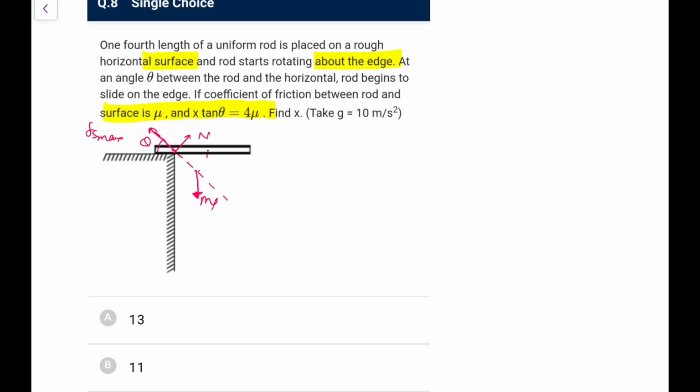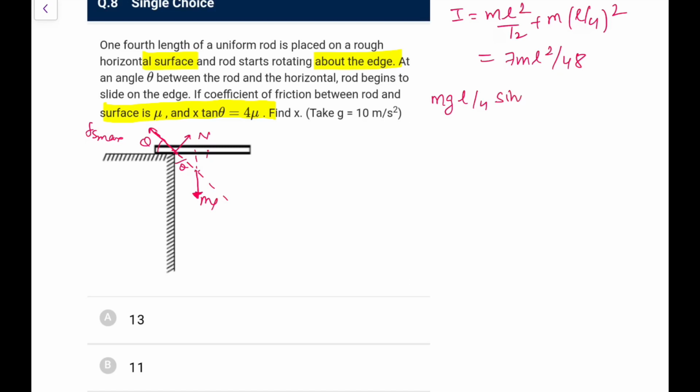Now first of all, let us find I about this point. I about CM is ml square by 12 plus m (l by 4) whole square. So if I solve it, it comes out as 7 ml square by 48. So first of all, applying energy conservation, the CM falls by l by 4, and this height would be, because this angle is theta, l by 4 sin theta.